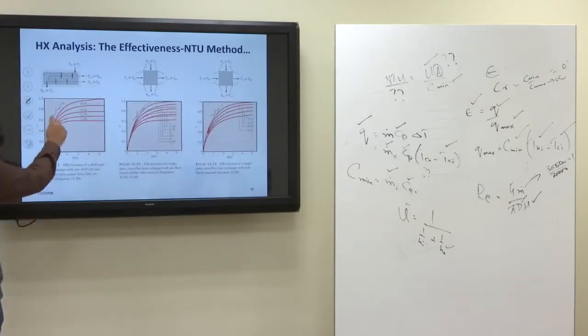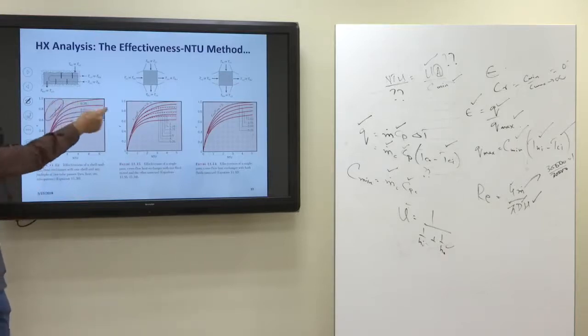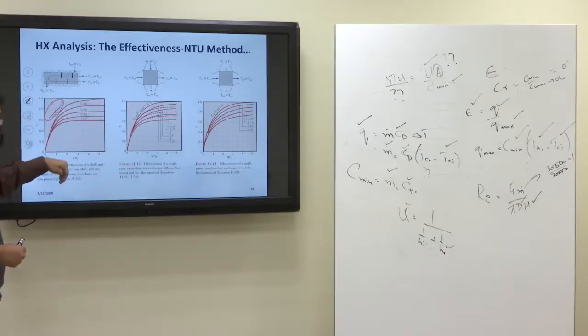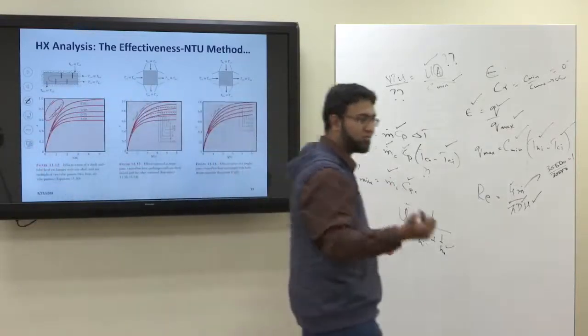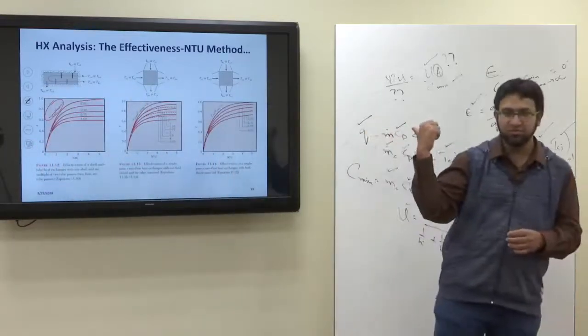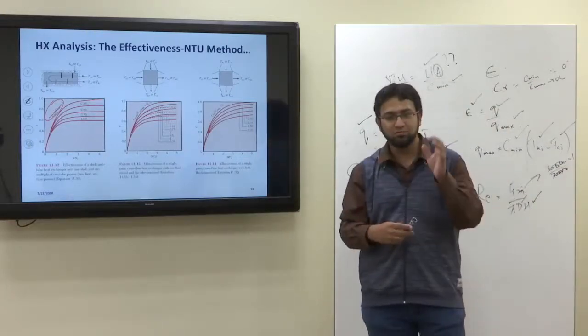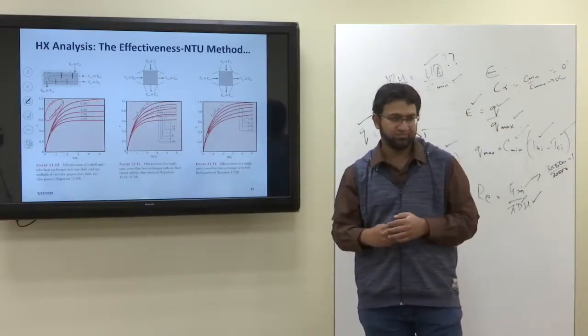And for C min by C max equals 0, that's the very first curve. So based on your effectiveness, you will find what is NTU. You can use the graph as well, or you can use the equation. But here the equation is very simple and will give you the most accurate answer.